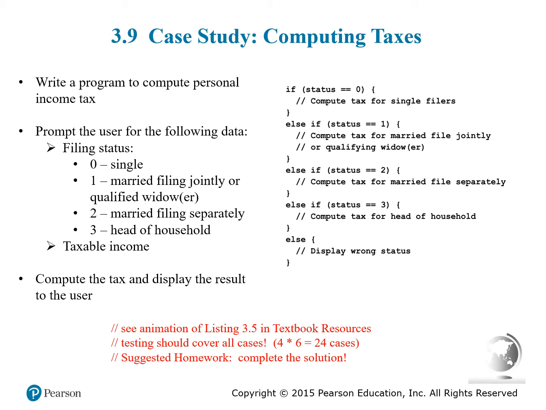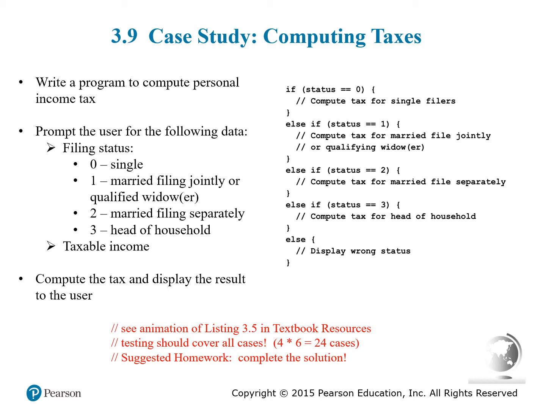In order to write a program to compute personal income taxes, we must prompt the user for several pieces of information. First, we must request their filing status. We will ask them to enter a 0 for single, 1 for married filing jointly or qualified widow, 2 for married filing separately, and 3 for head of household.